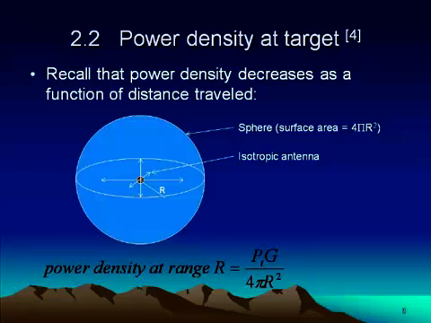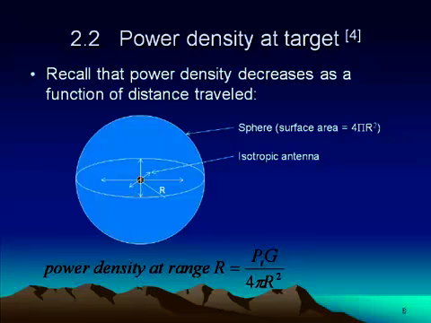This is very simple because an isotropic antenna radiates equally in all the directions. So power is equally distributed. At the location of the target, which is at a distance of r, due to an isotropic transmitting antenna, the power density would have been Pt by 4 pi r square, watts per meter square.